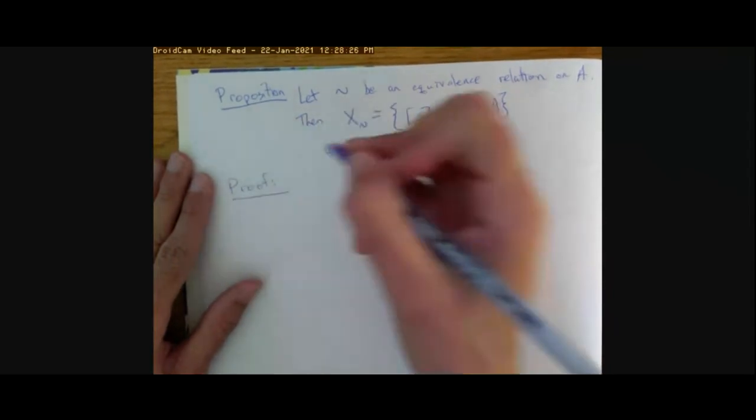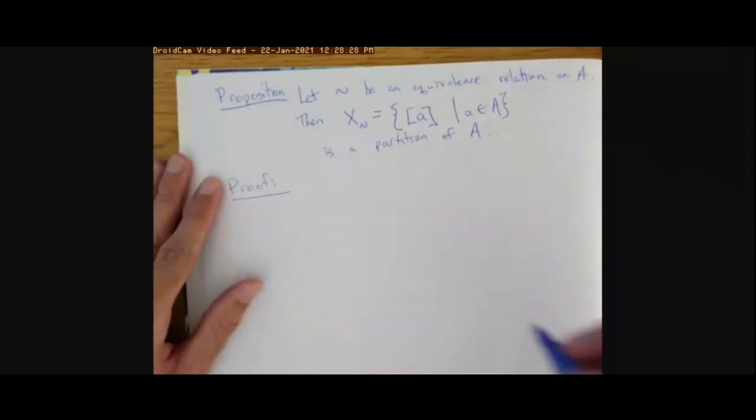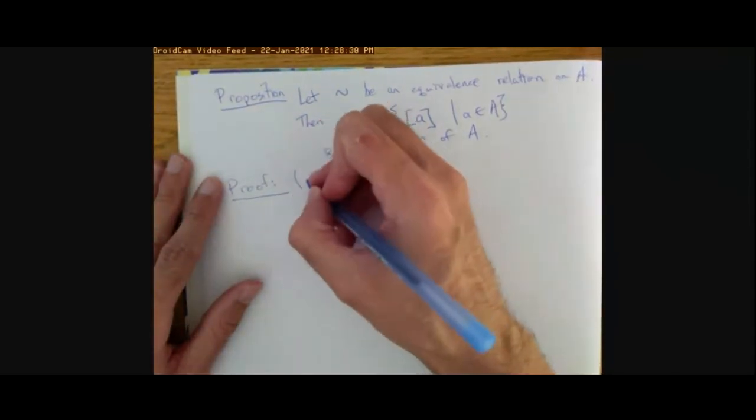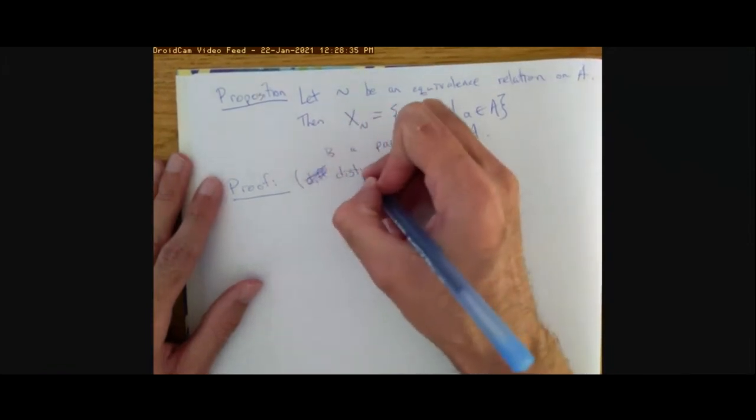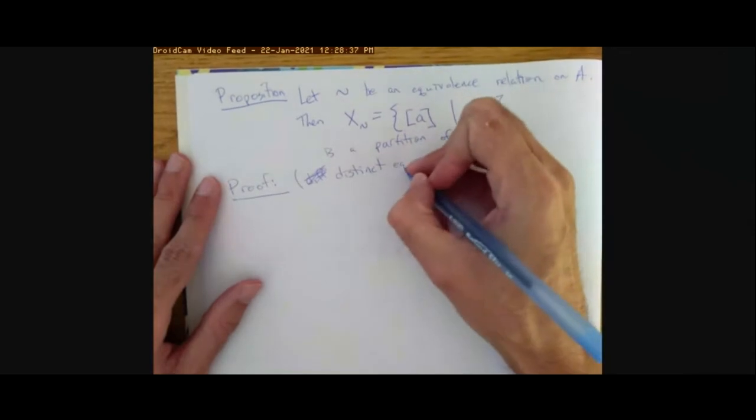So basically, distinct equivalence classes are disjoint.